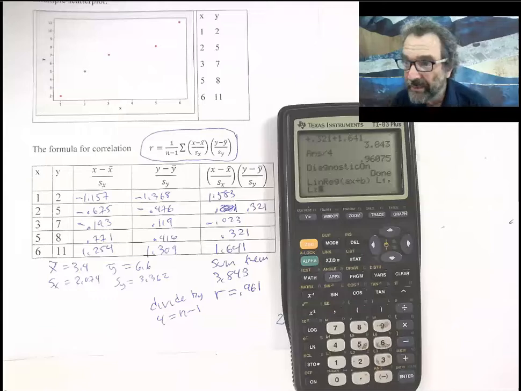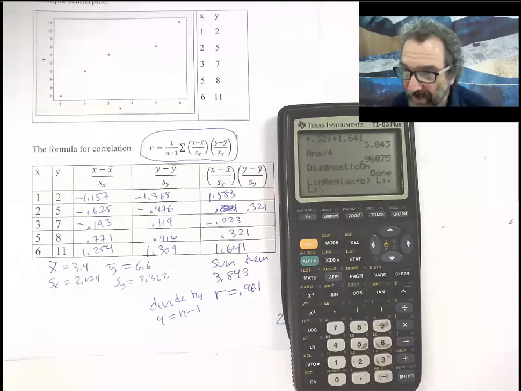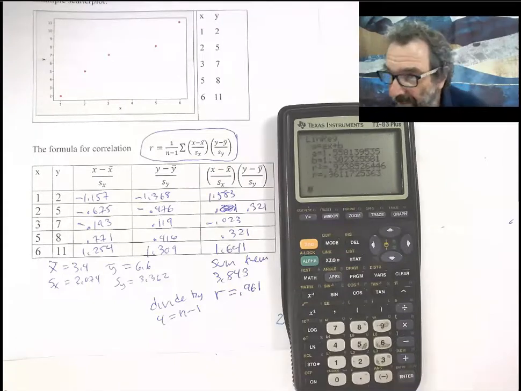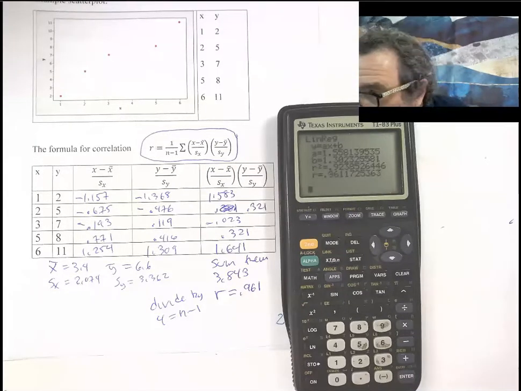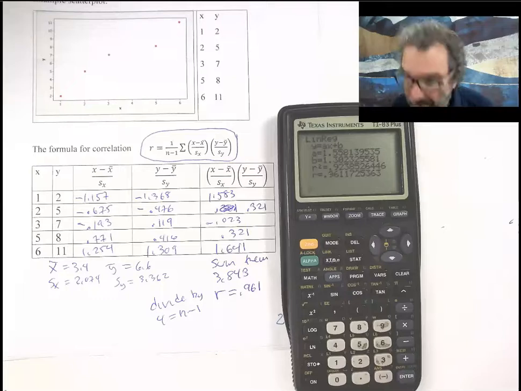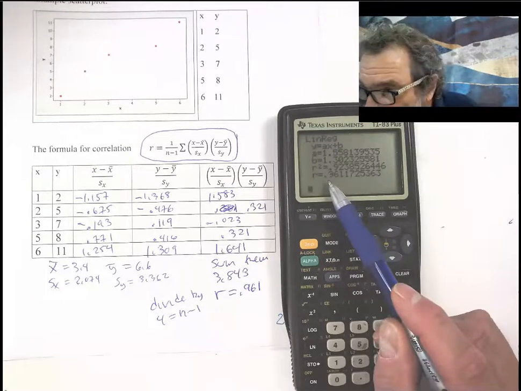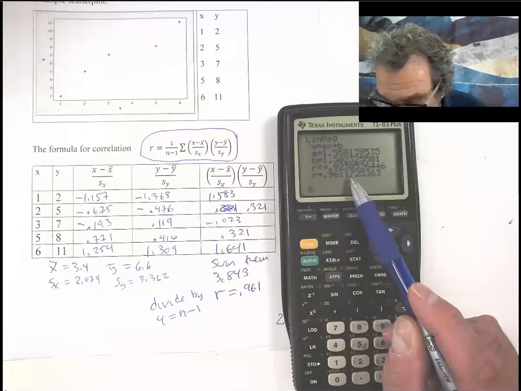So linear regression says we're going to find the best fitting line to the data. We're not going to do that, but stuff will happen here that will give us the R value compared to what we did. So we crank it in. And there you see right here, R value .96117.